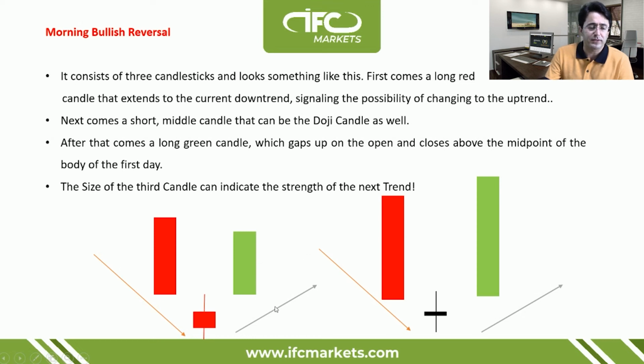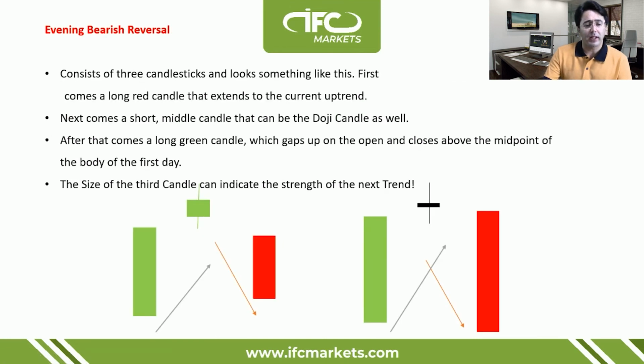If it's small, it means that it's not going to be a trend, it's going to be almost a correction, and the next trend doesn't have enough power to go forward. But if it's bigger, it means there is a lot of energy in the market that can help you go forward. So the next trend, which is the bullish trend, will have more power.